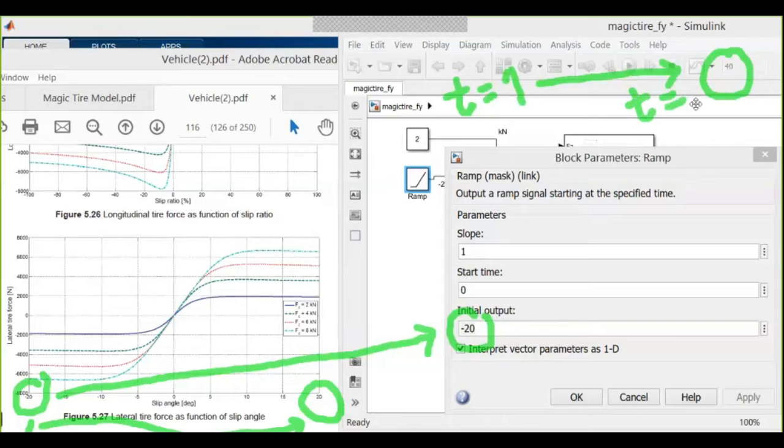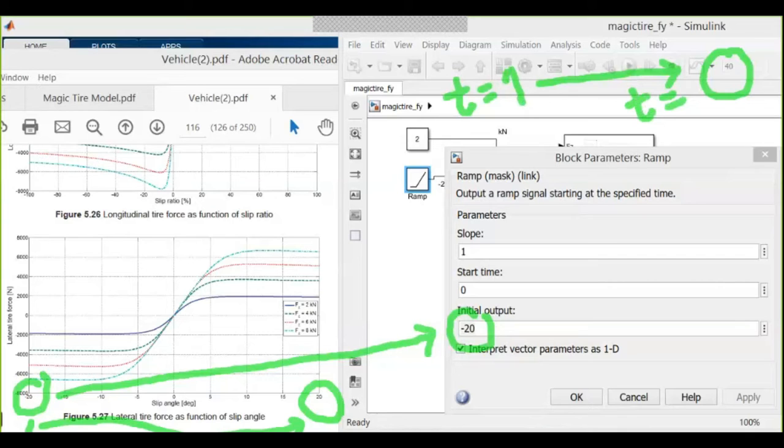So 40 data. T1 is for alpha negative 20 degrees, then alpha negative 19 degrees, and so on and so forth.